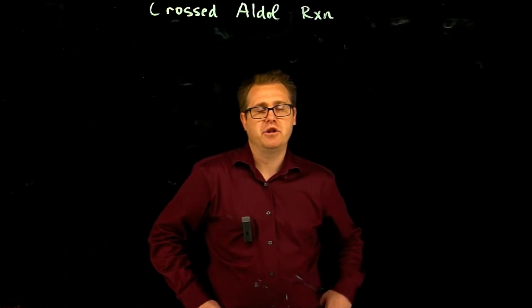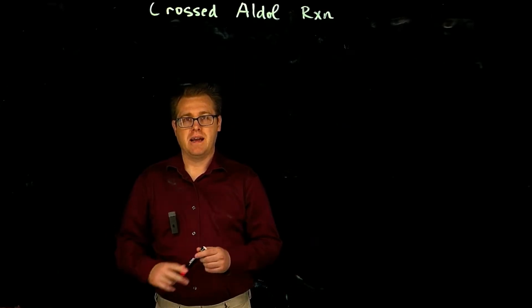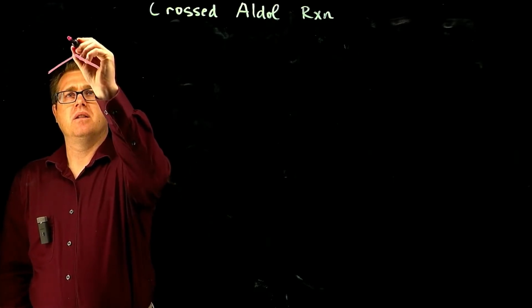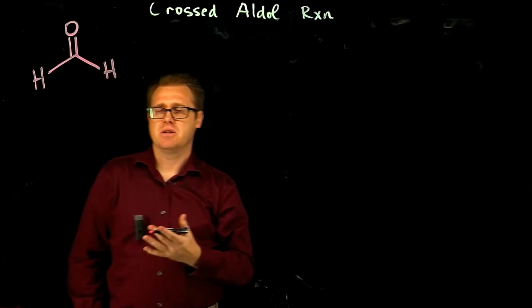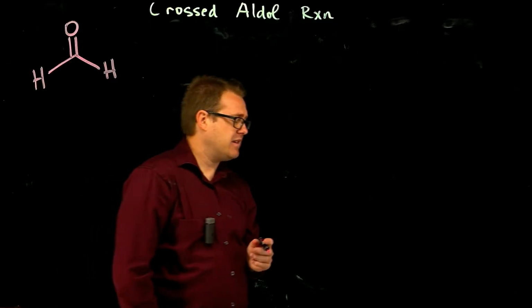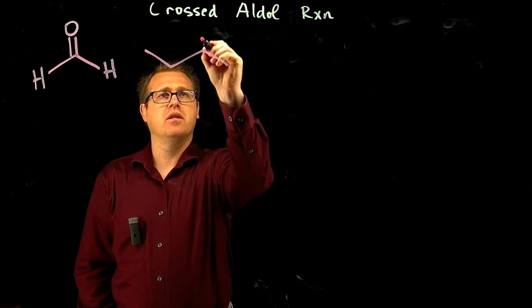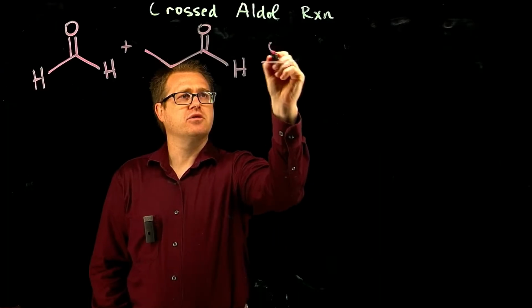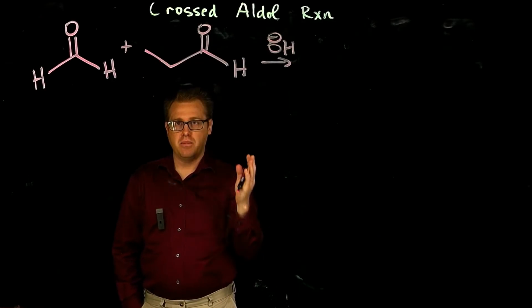So one thing that you can do to increase your yield when you want to do a cross aldol reaction is select an aldehyde with no alpha protons. So that's formaldehyde. There's no alpha protons. And if you take that formaldehyde and treat it with another aldehyde that looks like this, under basic conditions, you're going to get one major product.